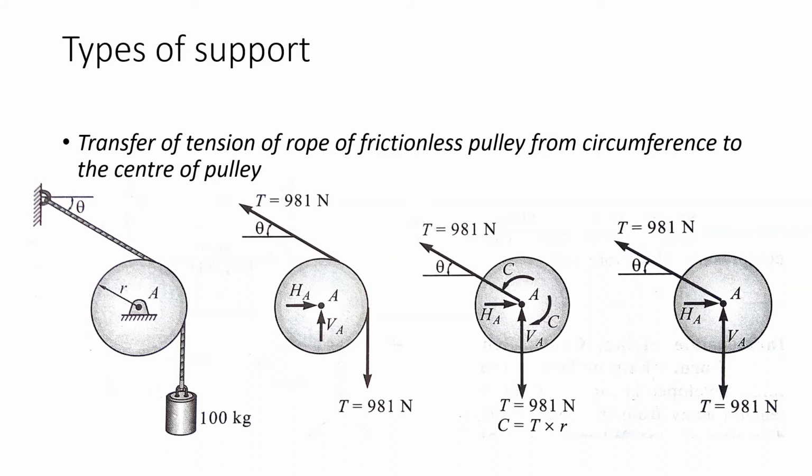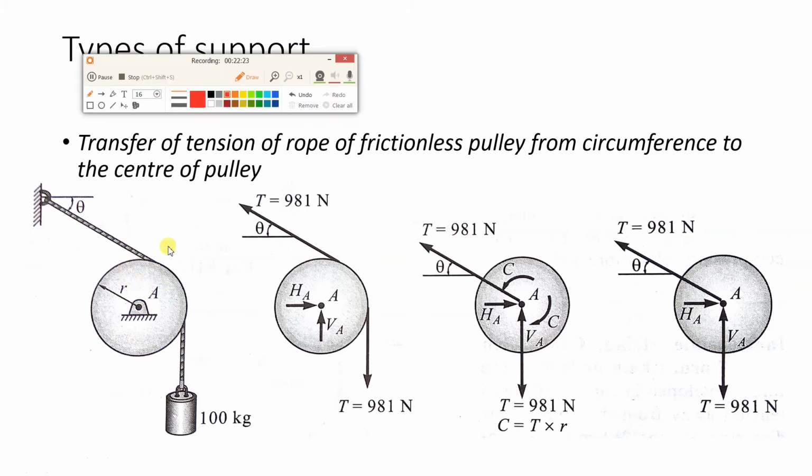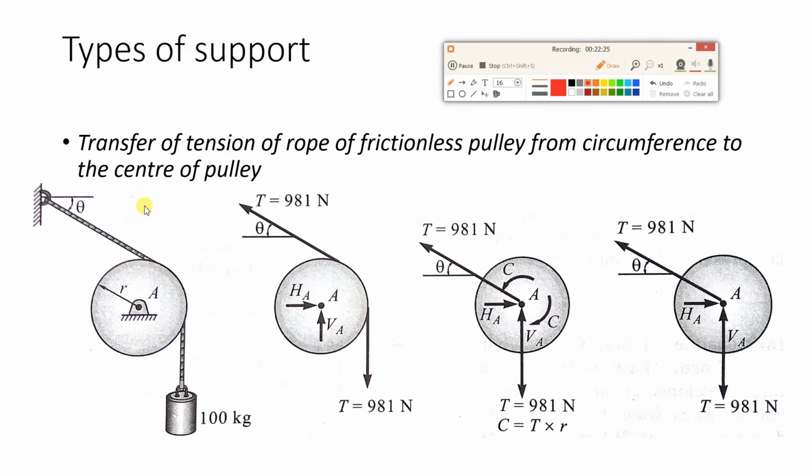Now here we are not basically showing the concept of type of support. Here we are looking at the transfer of tension of the rope of a frictionless pulley from the circumference to the center of the pulley. So basically, observe figure number 1, this one. Okay, here a pulley is there, the center is a hinge, and this rope is tied over here and a weight of 100 kg is acting over here in the downward direction.